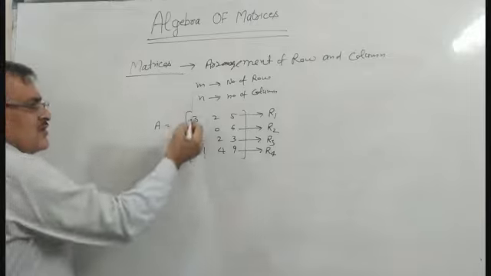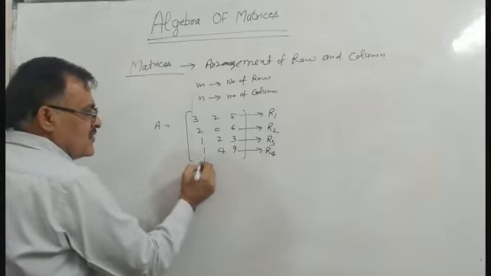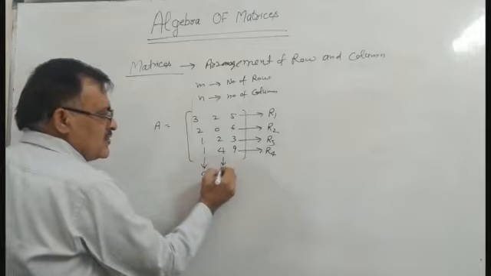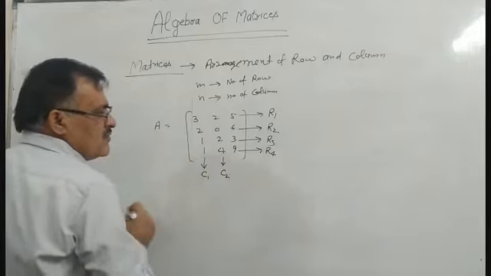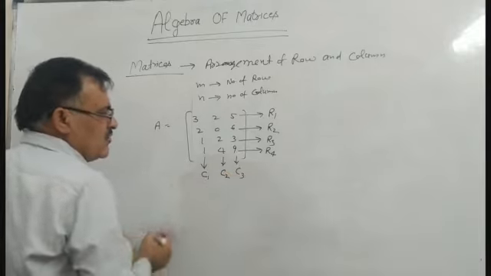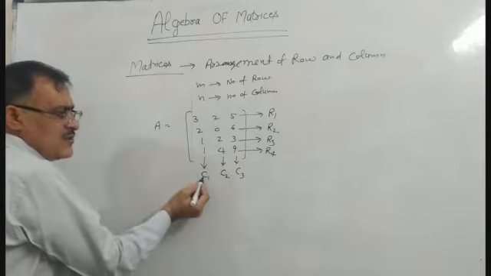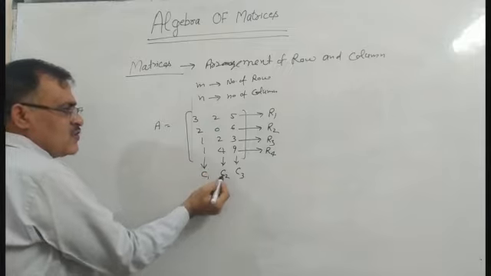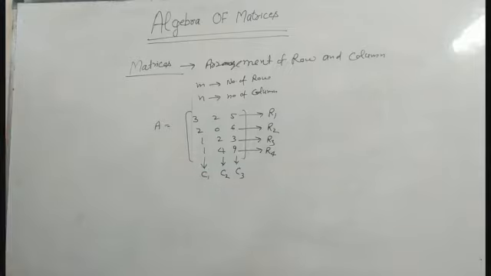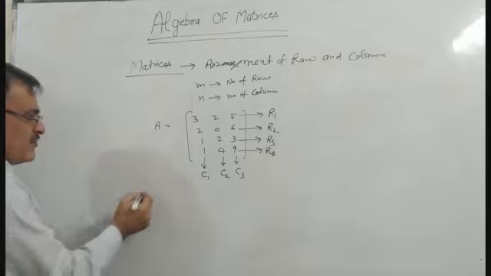In the same way, this is the first column, so we can write C1. This is C2, the second column, and this is the third column, C3. Now what is the order?